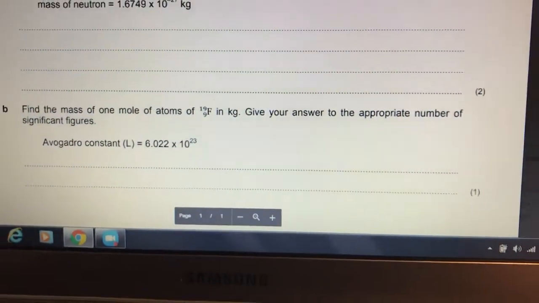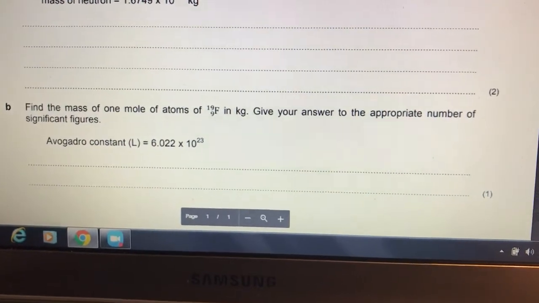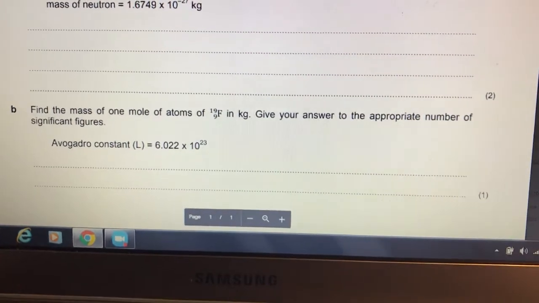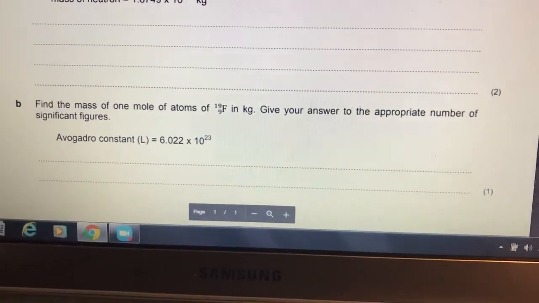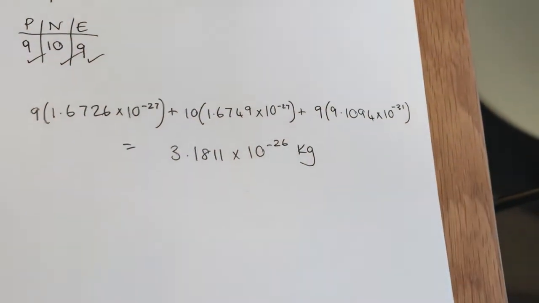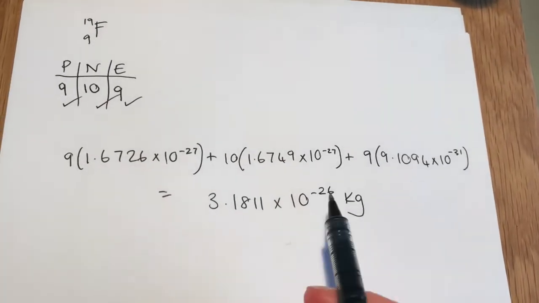The second question, question B, find the mass of 1 mole of atoms in kilograms. Give your answer to the appropriate number of significant figures, and you've been given Avogadro's constant there, so there's a clue. So we know here the mass of 1 atom of fluorine in kilograms.